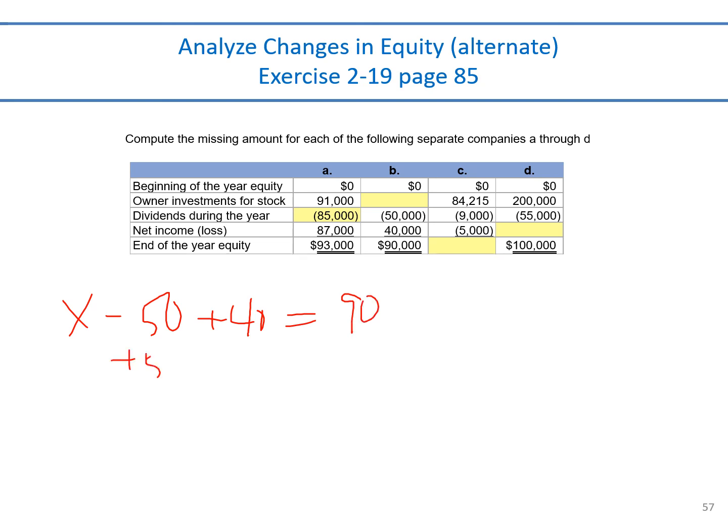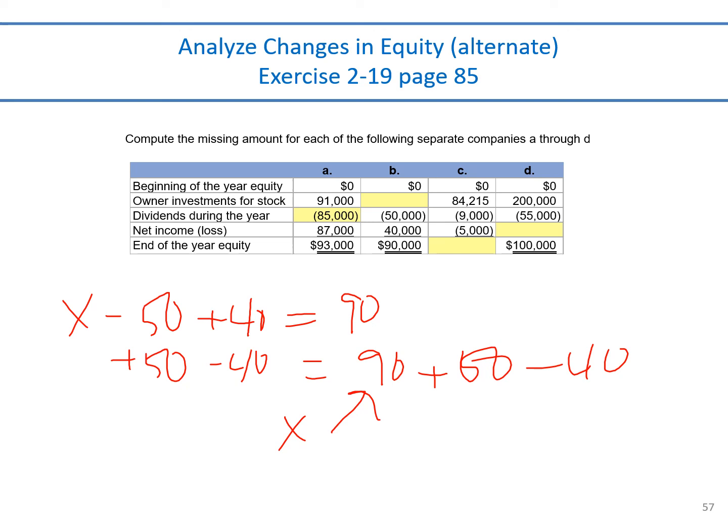So if I add 50 to both sides, if I subtract 40 from both sides, then I'm left with X equal to, because that becomes 0 and that becomes 0, 90 plus 50 minus 40 is $100,000.